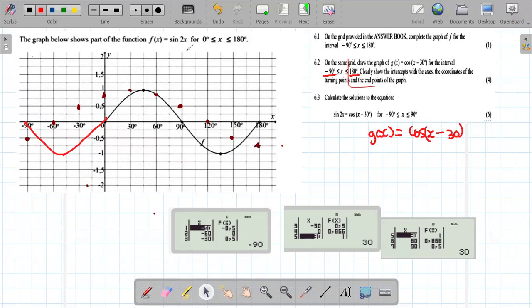Okay, so can we just join our points? Then we are done. That's how we scale the graph.